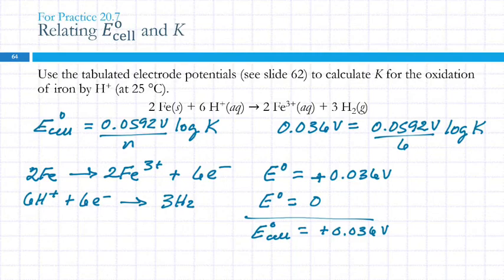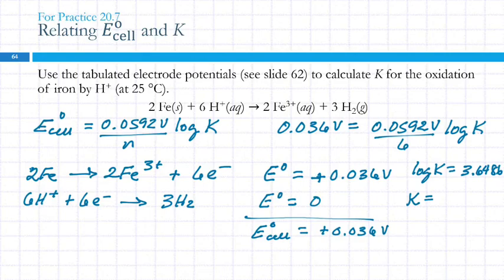So I'm going to do the rest of this on my calculator. I've got 0.036 times 6 divided by 0.0592. So the log of K is equal to 3.6486.